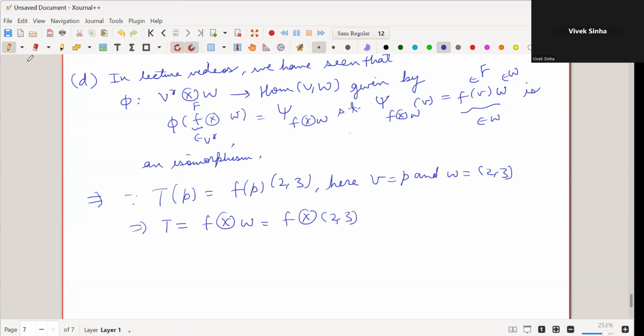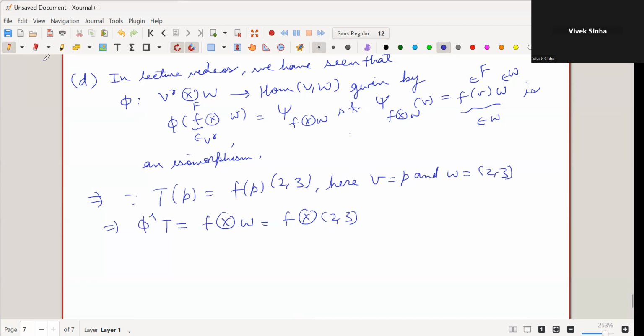So if something is f(P)(2, 3), then the map is f tensor w, the pre-image is f tensor w, and then it is just f tensor (2, 3). Okay, so there is some confusion. Yeah, so this will be under the inverse image.